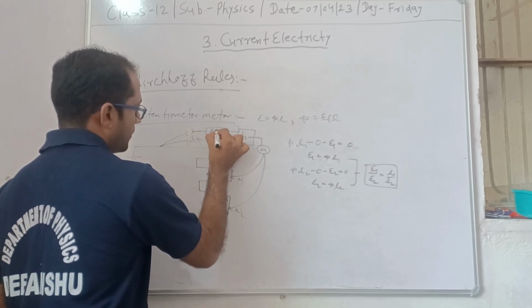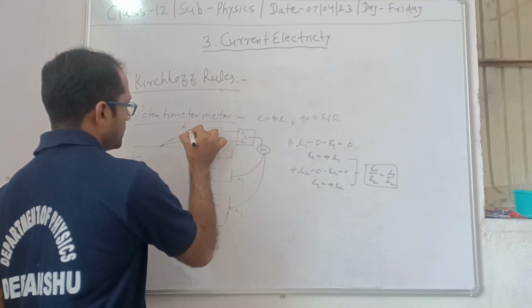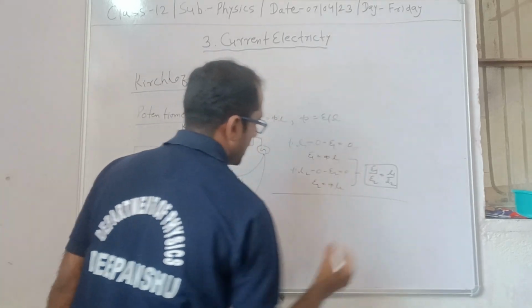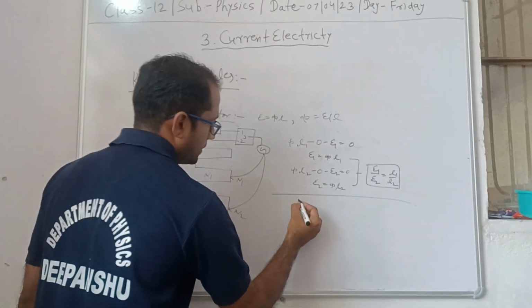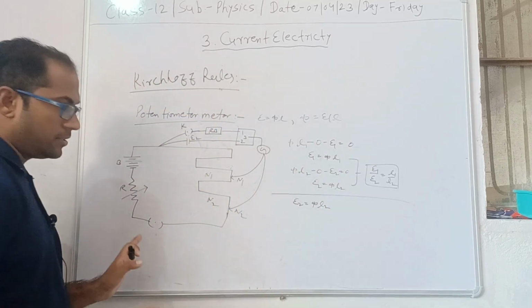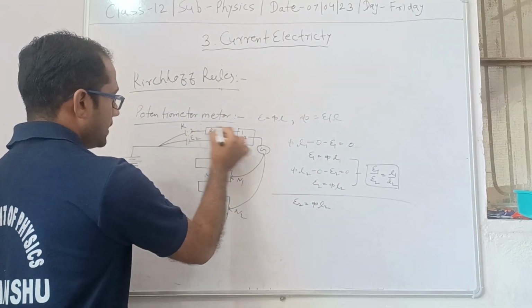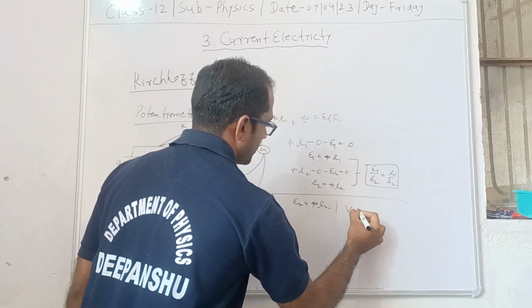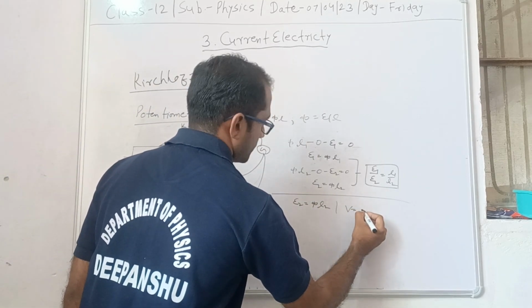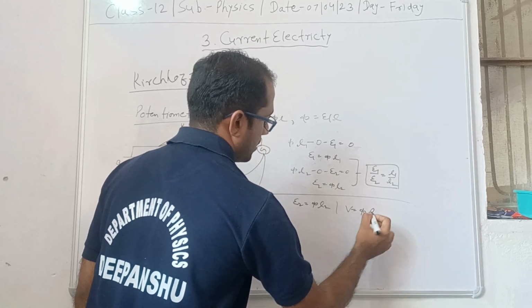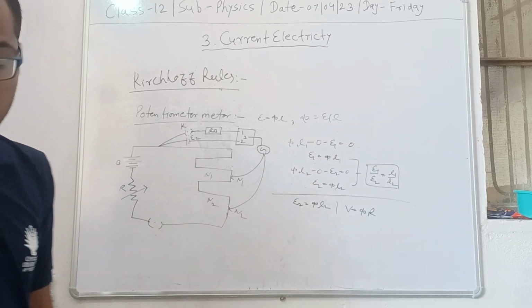RB is the resistance box, and this is key K. In this case epsilon 2 equals psi L2, same as before, no change, but in the form of this K and this RB, we get V equals IR.